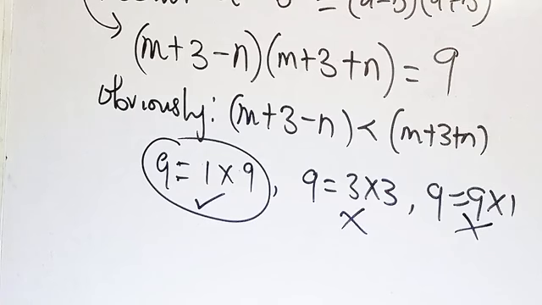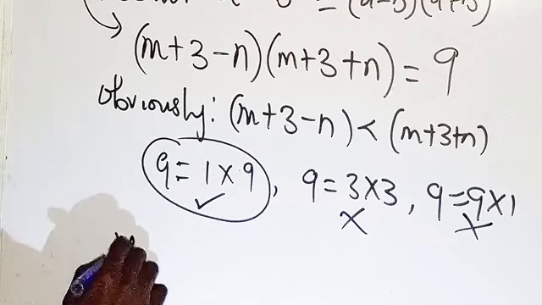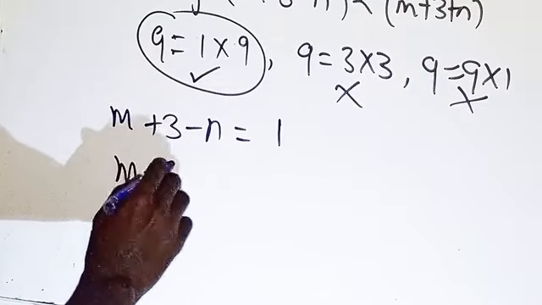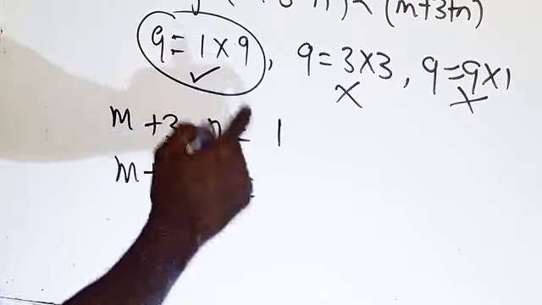Are you following? So now we move on by having, by comparison, m plus 3 minus n equals 1, the smaller one, and m plus 3 plus n equals 9. So we have equation 1 and equation 2. Now we are going to do subtraction or addition, whichever we want.